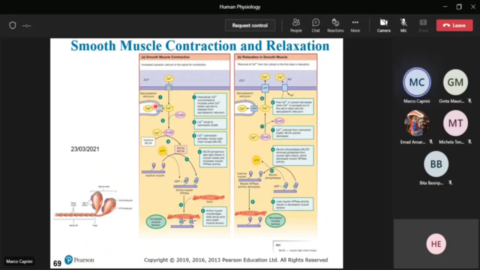Remember again: calcium concentration outside, calcium concentration in the cytosolic compartment, calcium concentration in the sarcoplasmic reticulum.